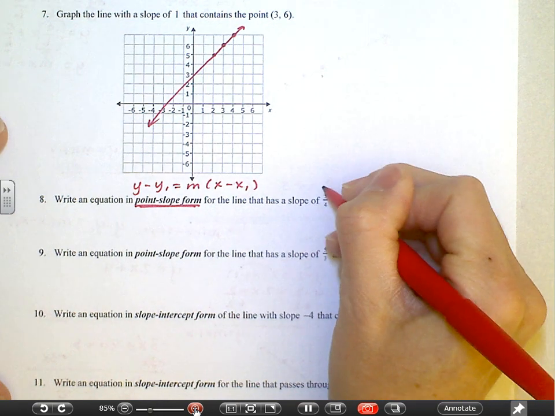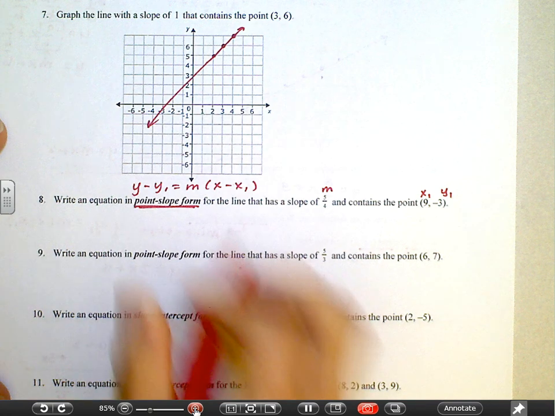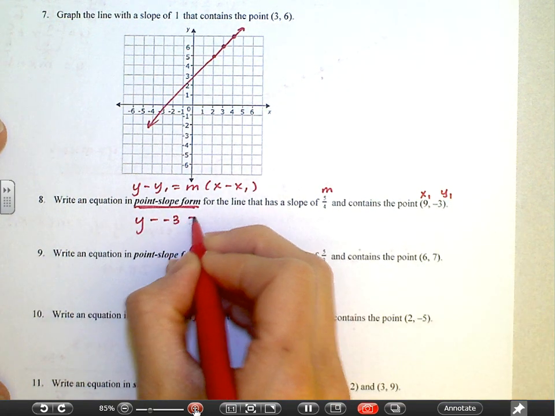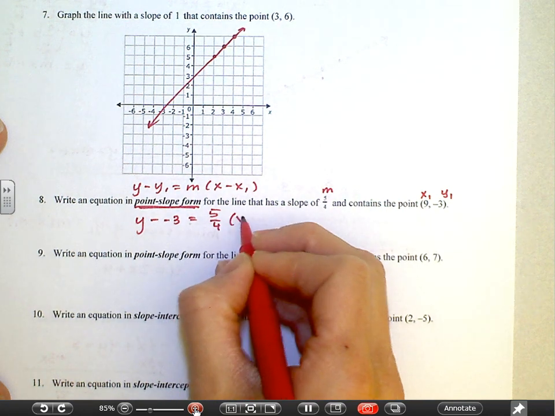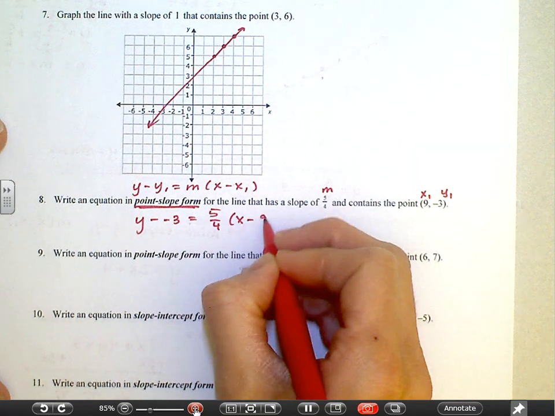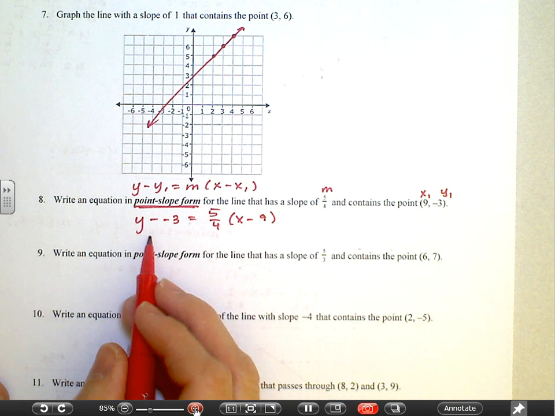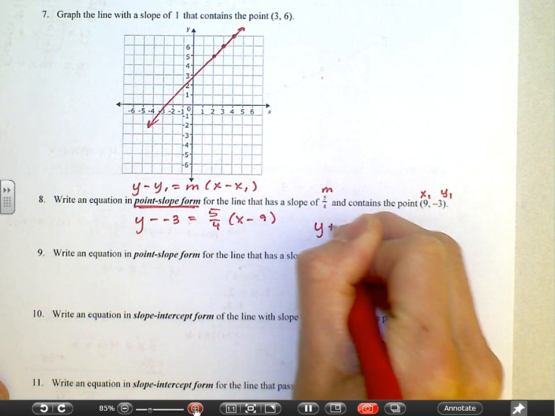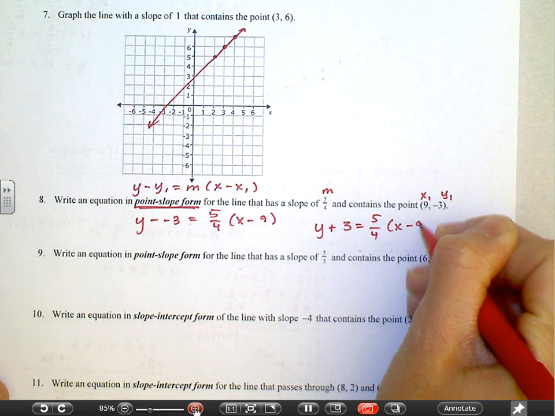So here's my m, here's my x1, here's my y1. So y minus y1, which is negative 3, equals m, which is 5 over 4, times x minus x1, which is 9. The only simplification I would do here is this minus minus, so turn that into a plus. So y plus 3 equals 5 over 4 times x minus 9.